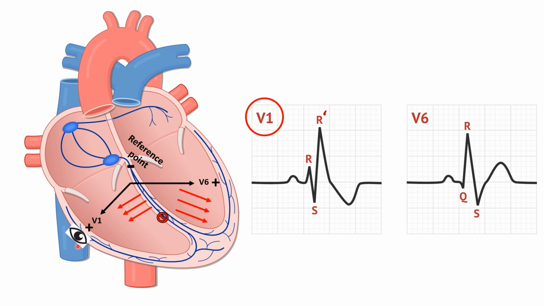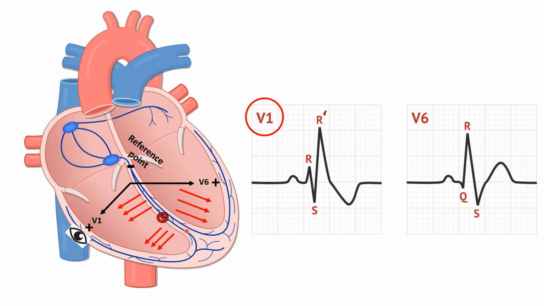And then lastly, we have R prime, which is slow depolarization of the right ventricle, because remember we still have some septal branches, as the cardiac conduction system is all interlinked, but the depolarization of the right ventricle is still going to be slower.